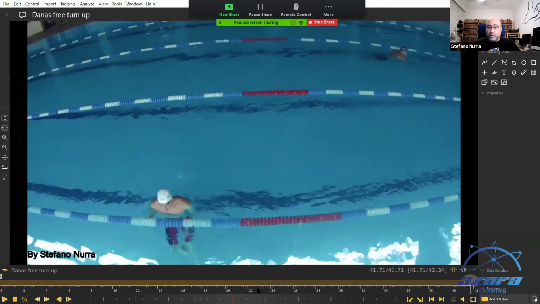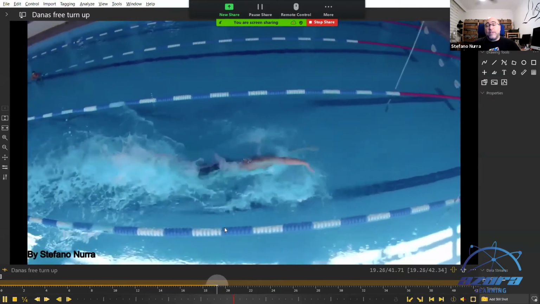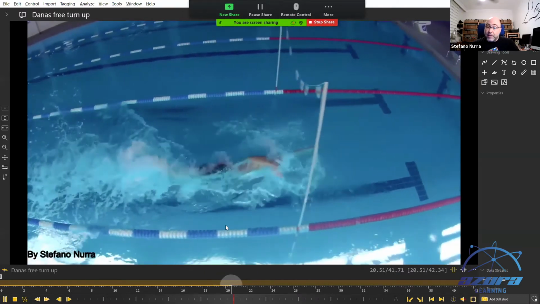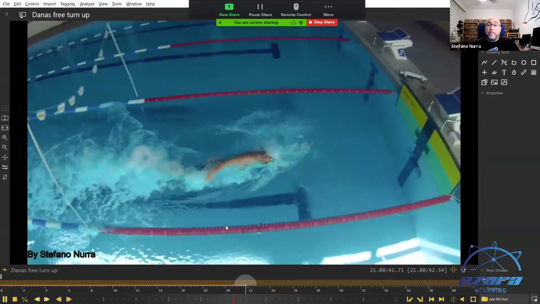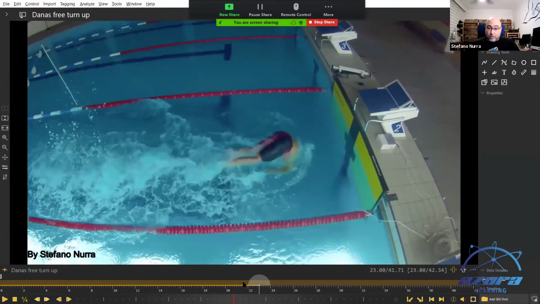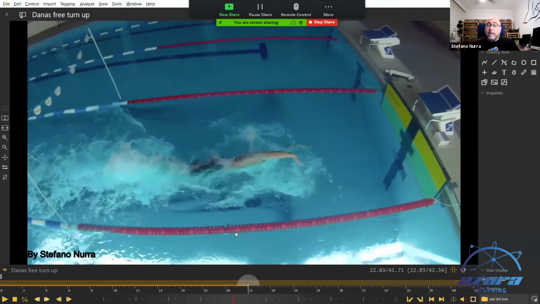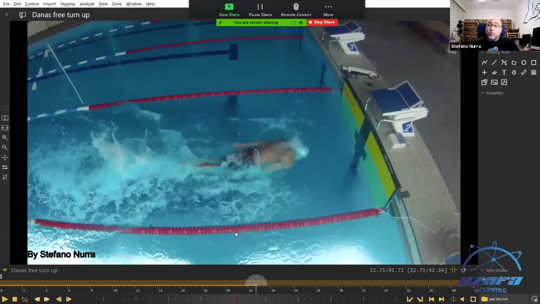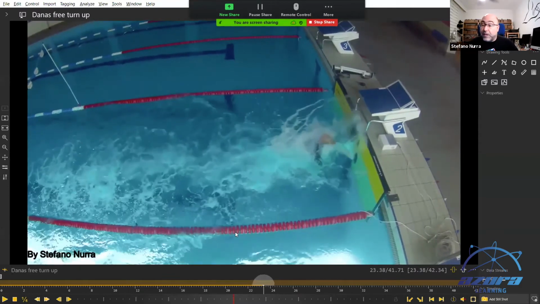Okay, we can come back a little bit and see again, slowly. We can start from here. We need to use the swimming speed to rotate. This is absolutely the main point of the turn. A lot of people are swimming and arrive around here, later they stop, or they slow down the body, and then perform the rotation.